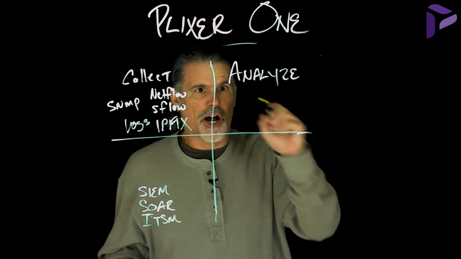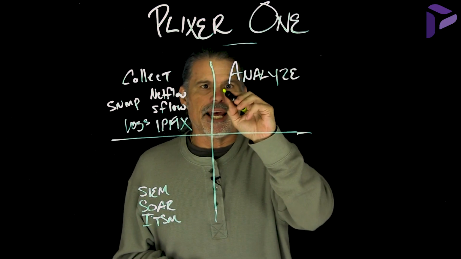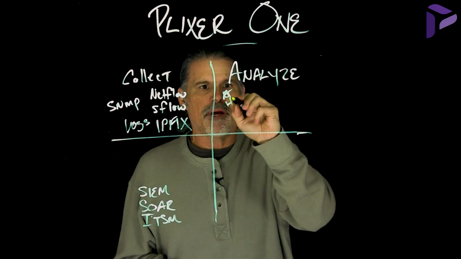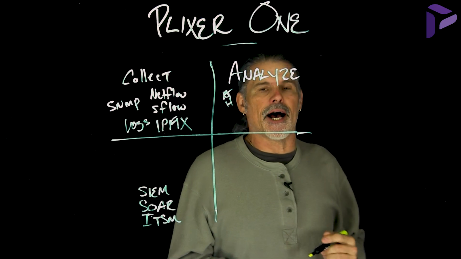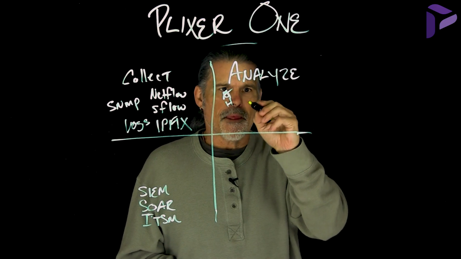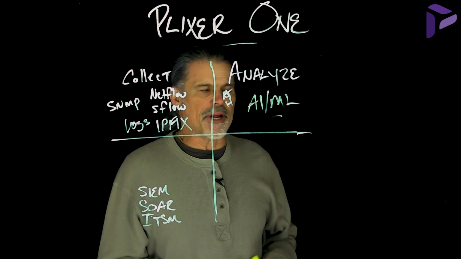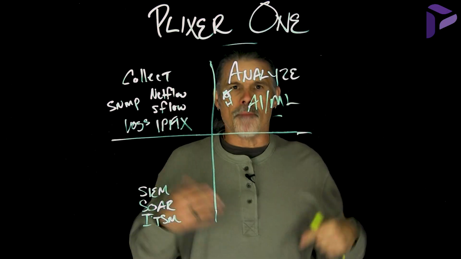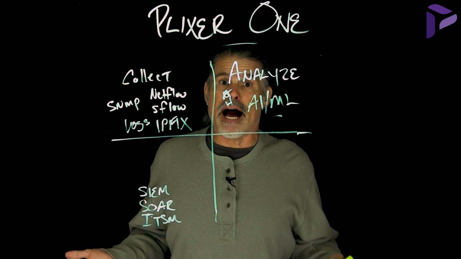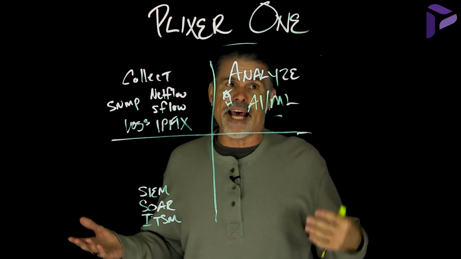Analyze the data. And so you're able to dig into real time and historical data. This is also where AI and ML can come into play to be able to proactively detect bottlenecks, potentially detect threats.